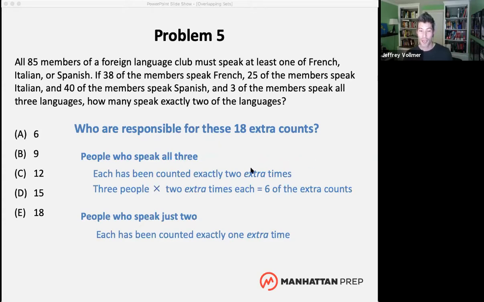So speaking 3 languages means I've counted you 3 times, but I've counted you 2 times more than I should have. Yeah, it's all about the extra counts, not the actual counts. If you wanted to do the actual counts, you could do it that way as well, but I think it's harder to think about that way. Maybe you disagree.